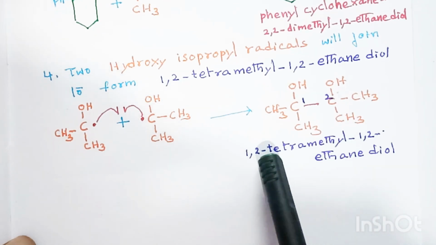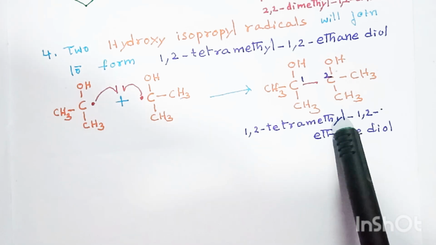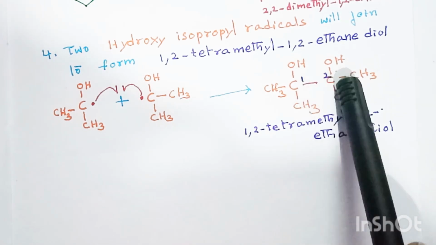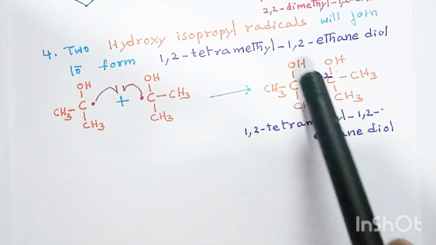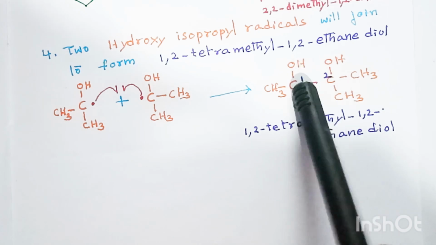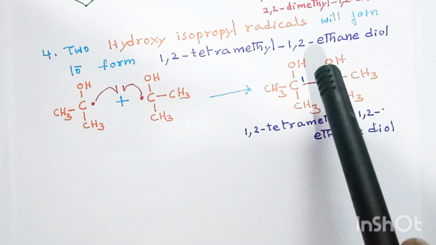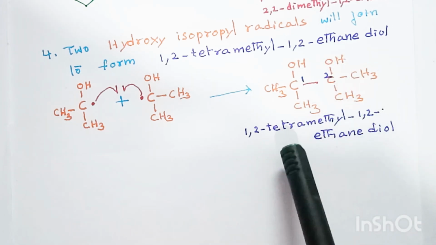So it is called 1,1,2,2-tetramethyl 1,2-ethane diol. Two carbons, so ethane diol, because two OH groups are present, one OH group on the first carbon, one OH group on the second carbon.